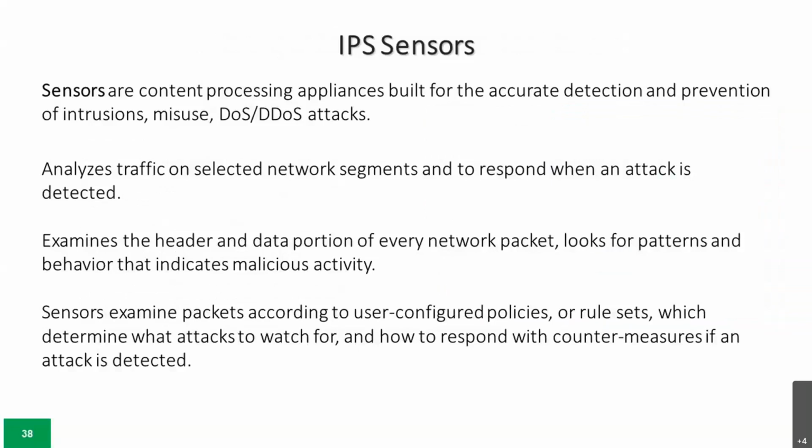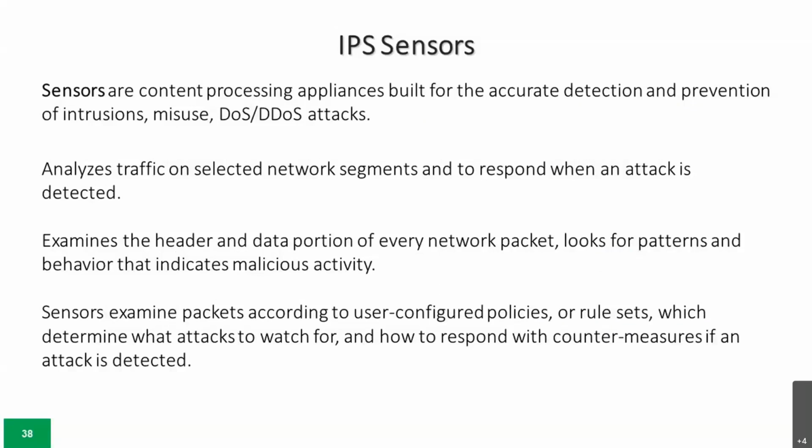These IPS contain sensors. Sensors are content processing appliances built for the accurate detection and prevention of intrusions, misuse, DoS and DDoS attacks. These IPS sensors analyze traffic on selected network segments and respond when an attack is detected.